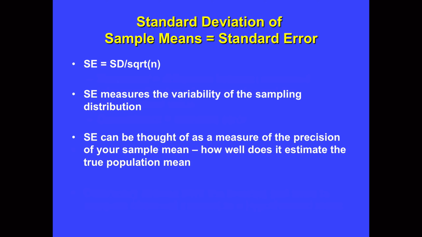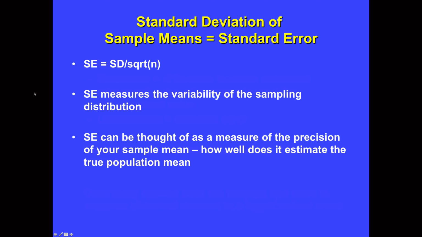Now, a very important part of the t-test, of course, is the denominator, and in the denominator we have the standard deviation of a sampling mean. We're talking about sample means, and we generally refer to that as the standard error because it's an unknown quantity. This is characterized as the standard deviation of whatever variable you're measuring divided by the square root of n, and that gives you the standard error.